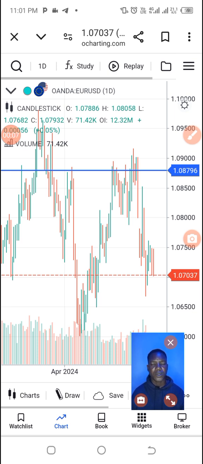I quickly want to share with you how to do a top-down analysis, and I want to share with you what moves the market, because that is what is important. Knowing the direction and knowing where the market is attracted towards.